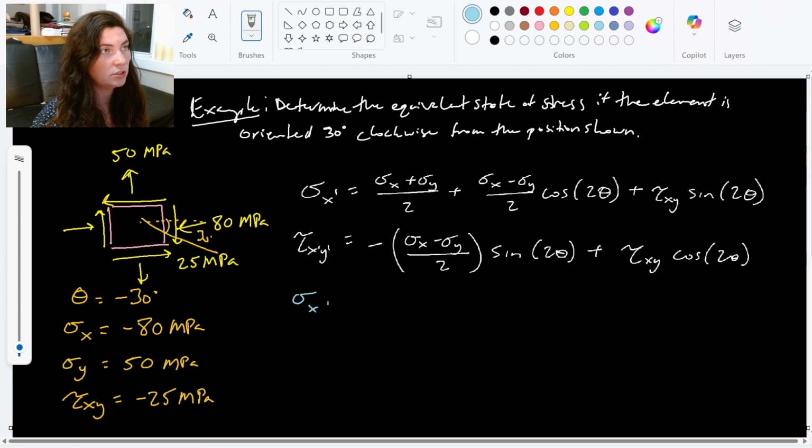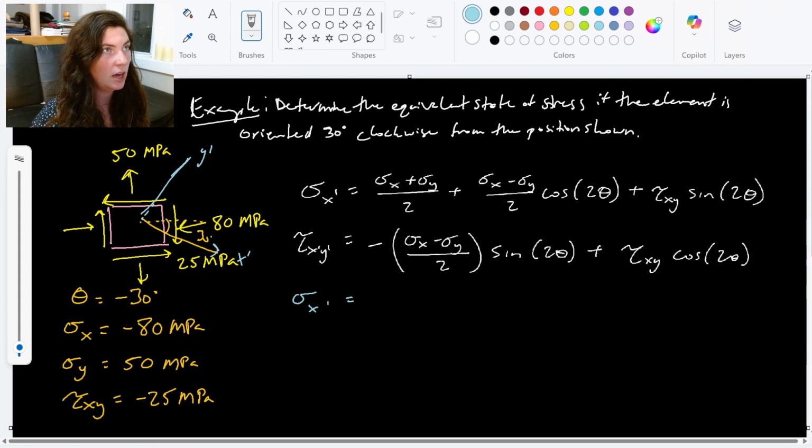Our new normal stress in the x prime direction, that's this direction that's been rotated down by 30 degrees, right? This is our x prime direction. Our new y prime direction, and we're going to have our element rotated. I'll draw that in at the end so we have a visual.